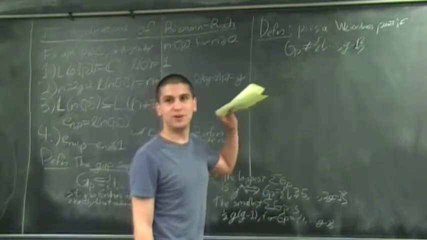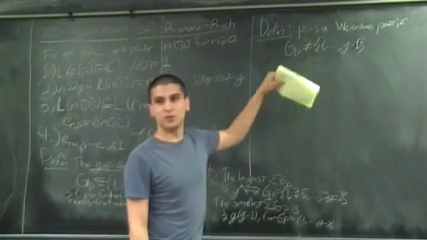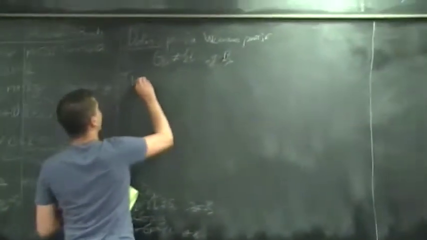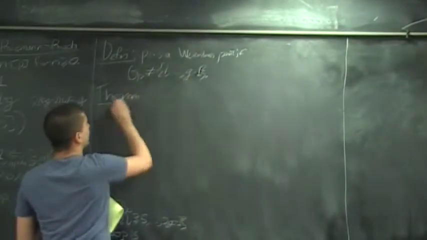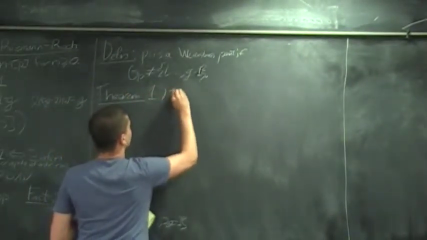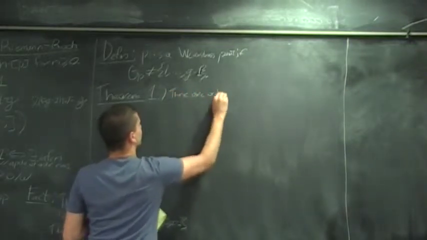All the other points, all the points that pick up functions before they're required to, those are called Weierstrass points. And in fact, there are only finitely many of them on a curve.